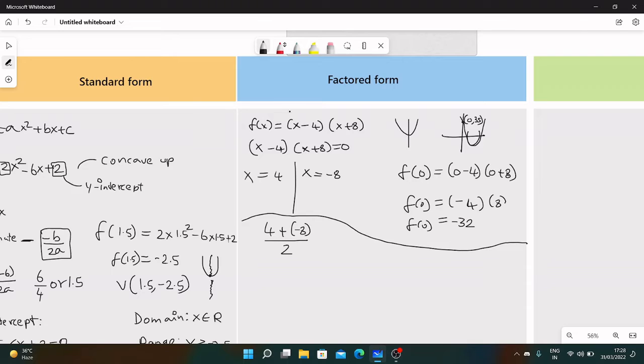A parabola from the line of symmetry moves in the same pattern, both the sides. If this side moves like this, the other side will also move like that. So don't you think the line of symmetry is in the middle of these two points, because they grow in the same pattern? So when we want to take the x coordinate of the vertex, we just need to take the two x-intercepts, add them up and divide it by 2 to find the value that's in the middle.